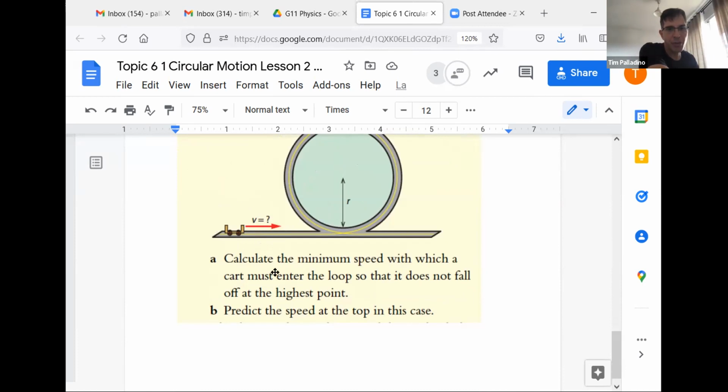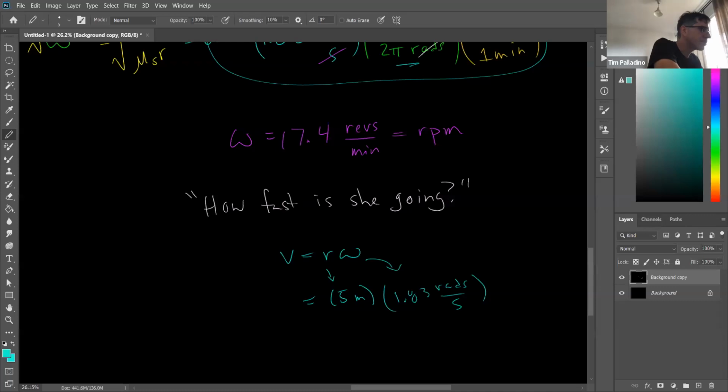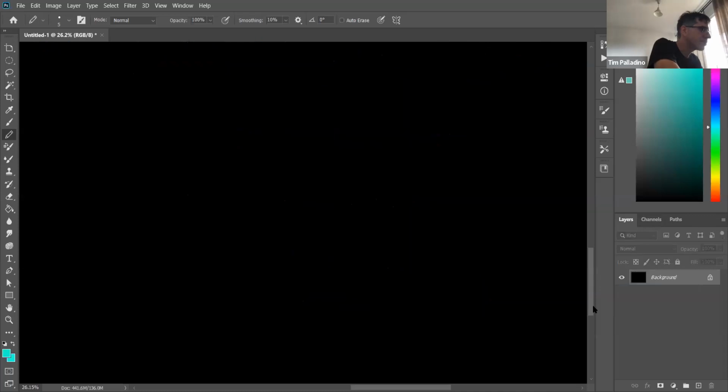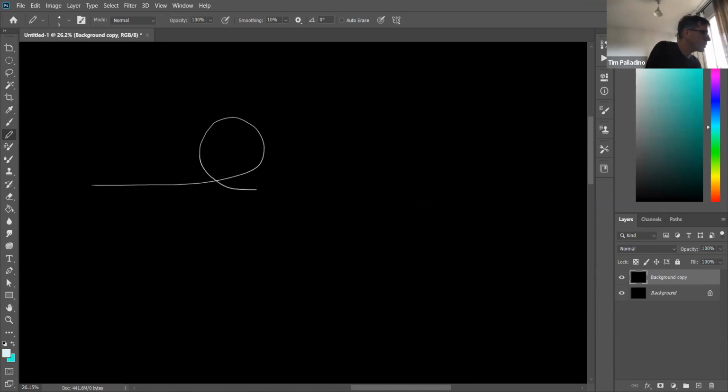Okay, so that's going to be our goal for part A. So let's go ahead and diagram this out. I'm going to just try to draw the loop. It looks something like that. And we have a car over here.